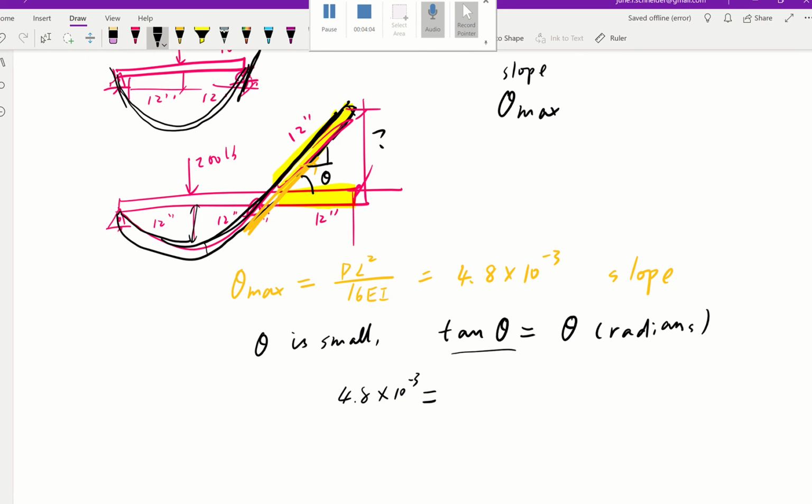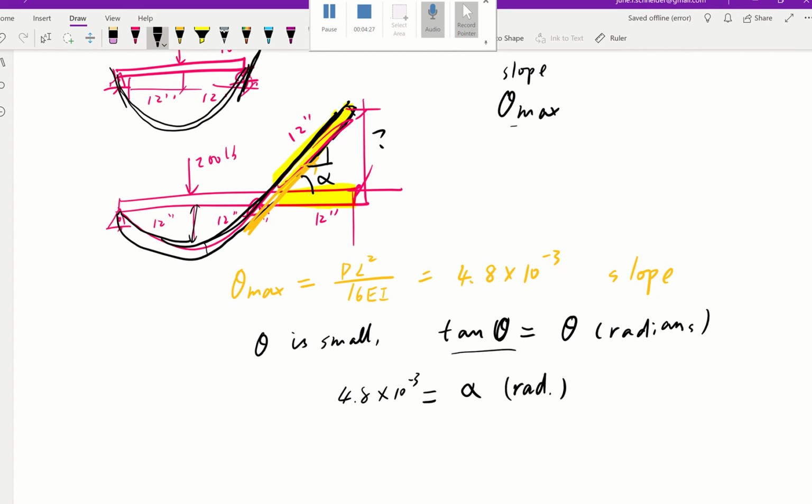I probably shouldn't use theta because here I'm already using theta. I'm going to use alpha. This angle alpha. So that's going to be equal to this angle alpha in radians. So this is in radians.